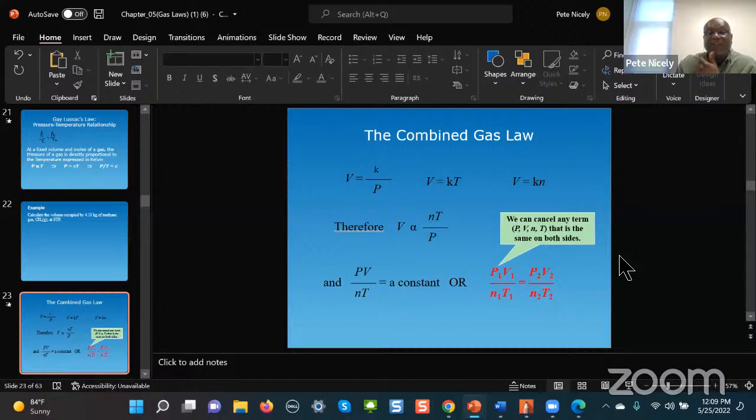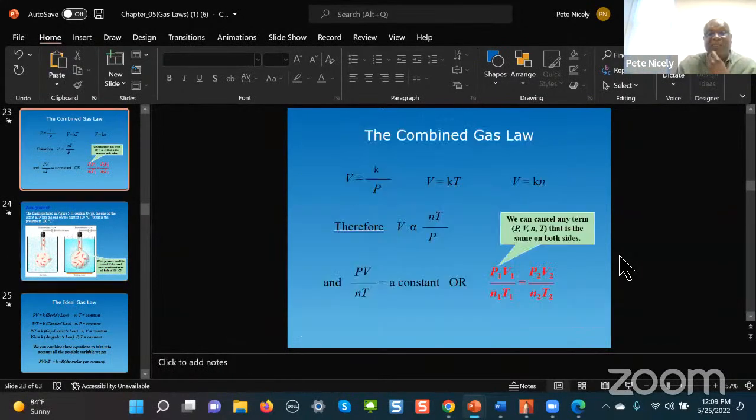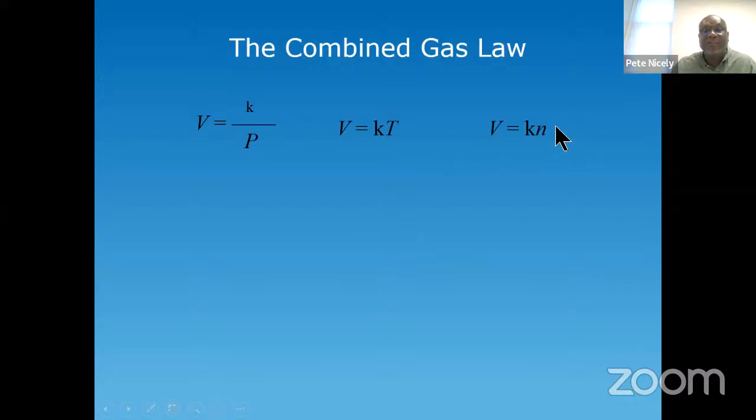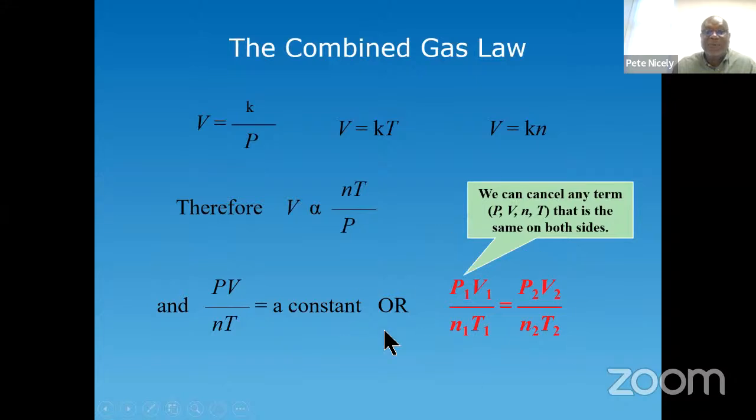Okay, so far we have talked about the different laws here, which is summarized on this screen right here. This is Boyle's, this is Charles, this is Avogadro's. So basically we can combine these laws to get what we call the combined gas law, which is simply this right here.